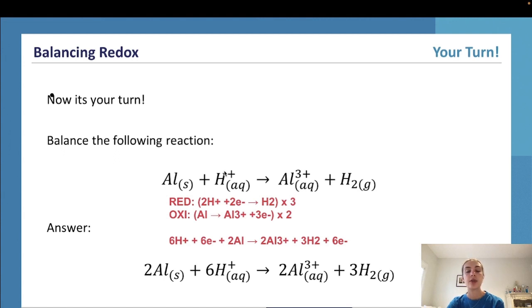The hydrogen ion has a +1 charge, and that's using part B of rule 2. And then hydrogen gas, using rule 1, has each hydrogen atom with an oxidation number of 0, and the entire thing is 0 as well.